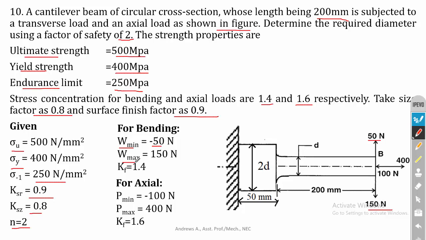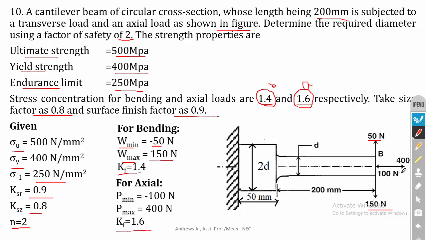Then W max is 150 Newton. And here you can see the stress concentration for bending and axial loads are 1.4 and 1.6. So this 1.4 is for bending and this 1.6 is for axial load. So Kf for bending is 1.4 and in the case of axial Kf is equal to 1.6.